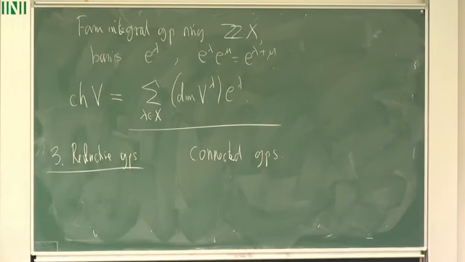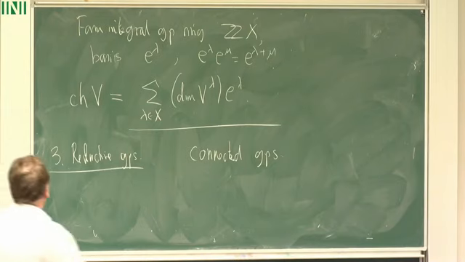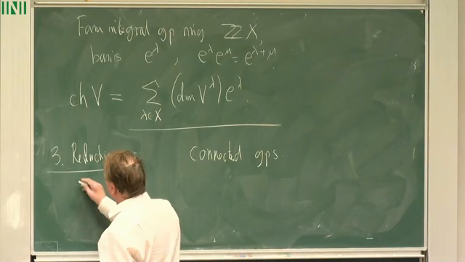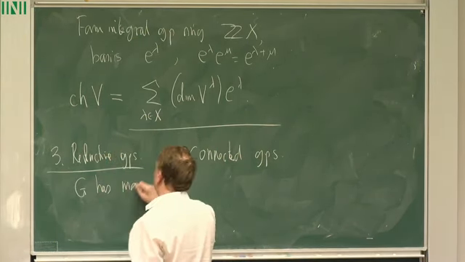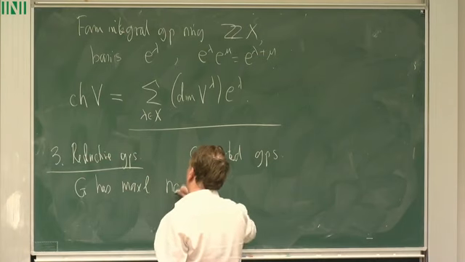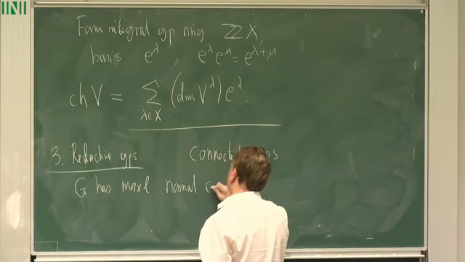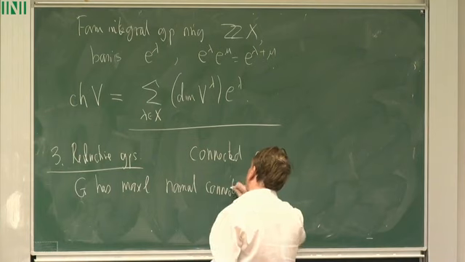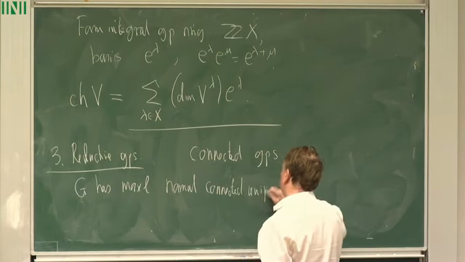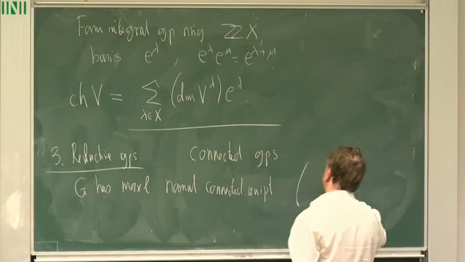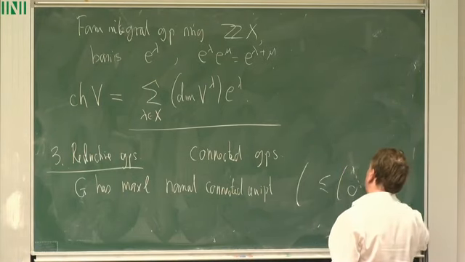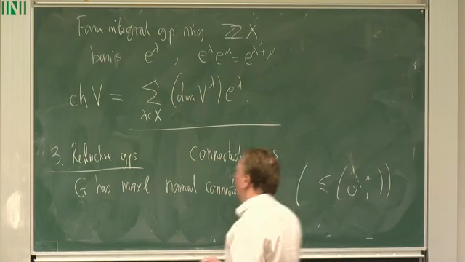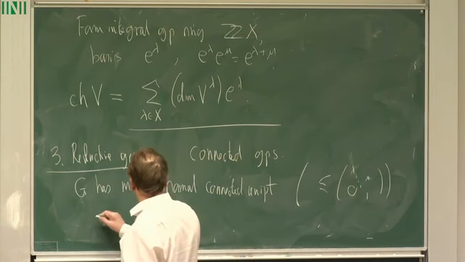So G is an arbitrary group, and G has a maximal, normal, connected, unipotent closed subgroup. Now, unipotent means it's a subgroup of one of these groups that we've seen already.